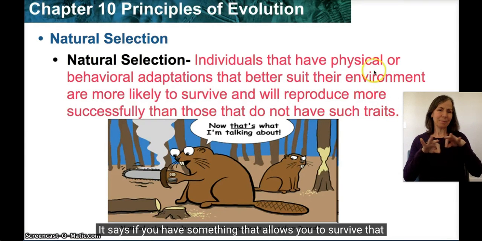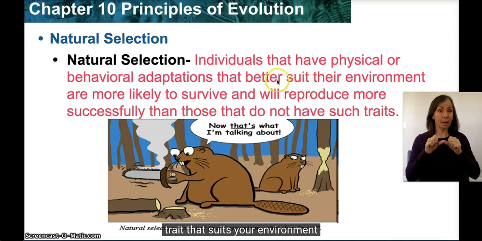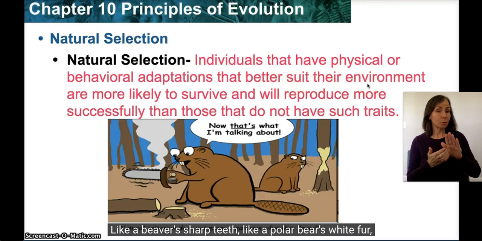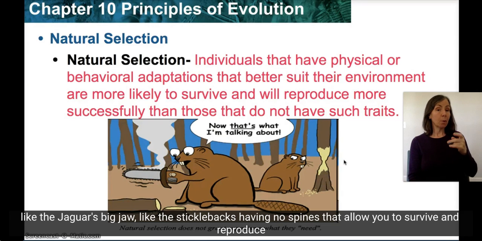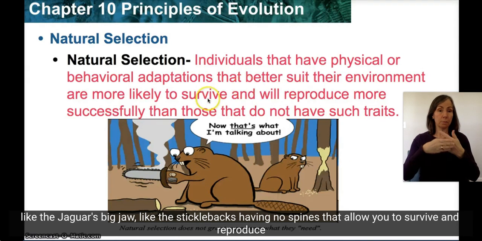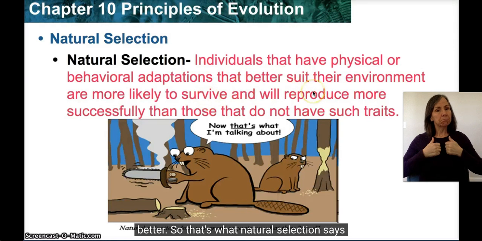It says if you have something that allows you to survive, a trait that suits your environment, like a beaver's sharp teeth, like a polar bear's white fur, like the jaguar's big jaw, like the stickleback having no spines, that allow you to survive and reproduce better. So that's what natural selection says.